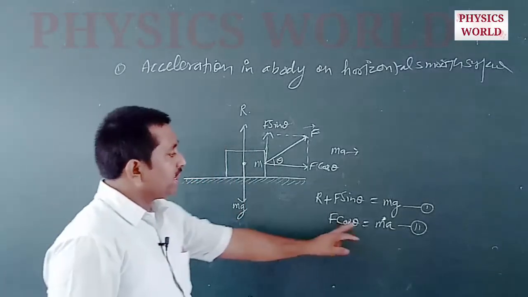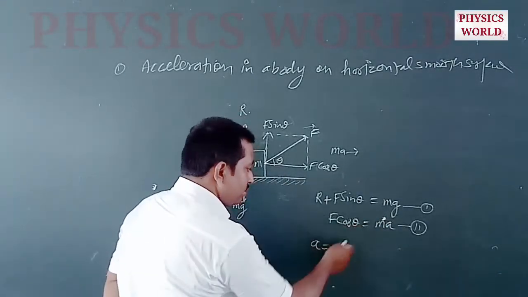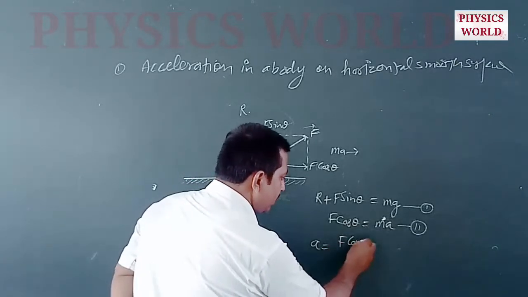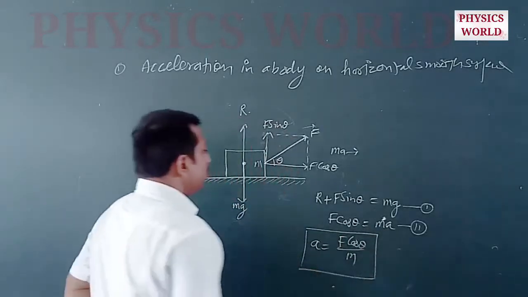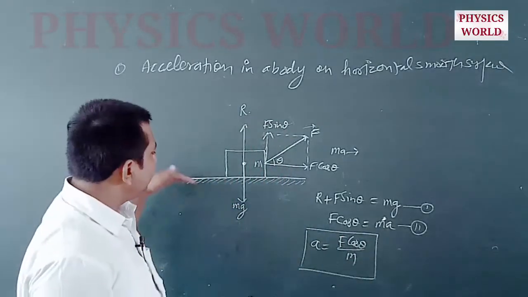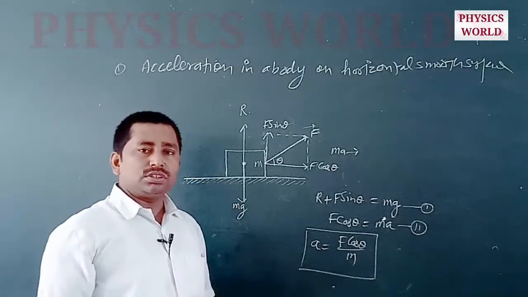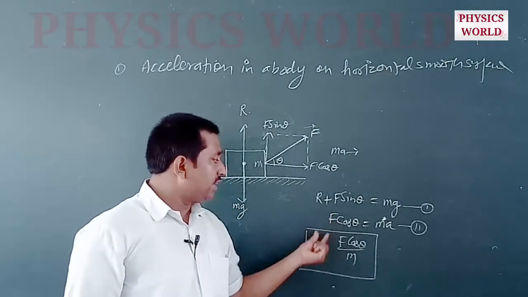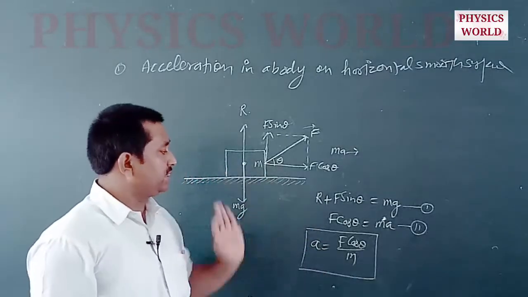From the second we get a equal to F cos theta divided by m. Here the surface is considered very smooth, that is frictionless, so we can easily solve and find the acceleration produced in this object.